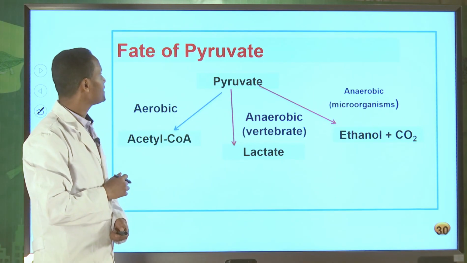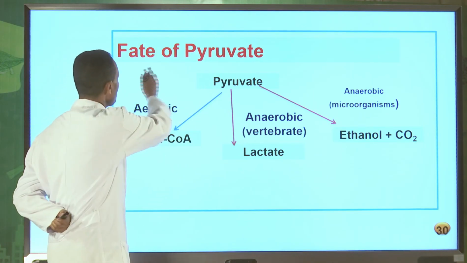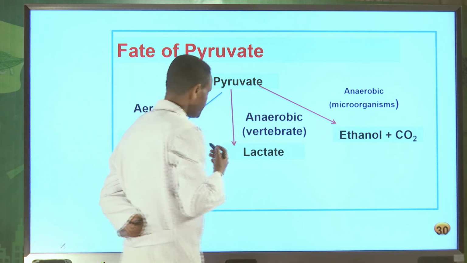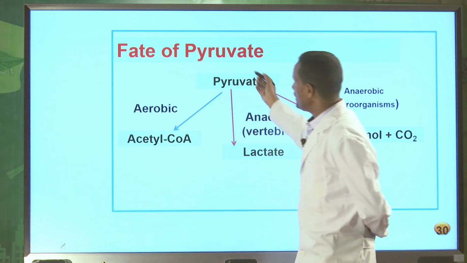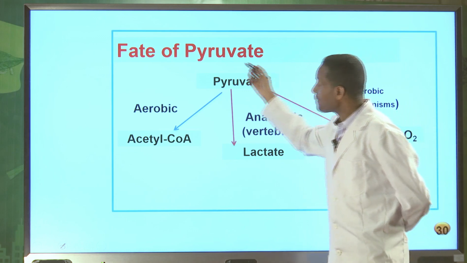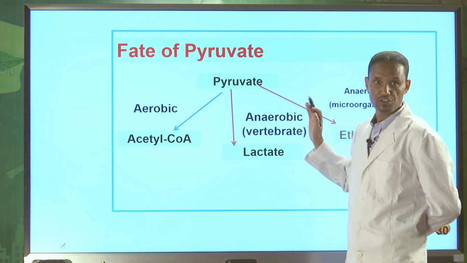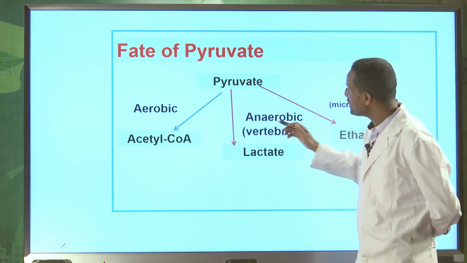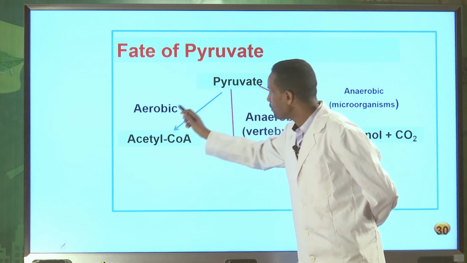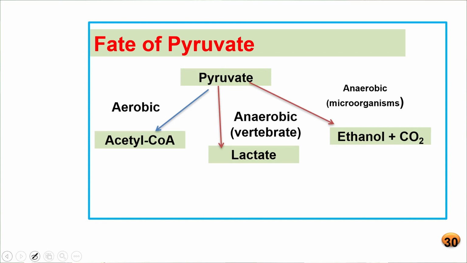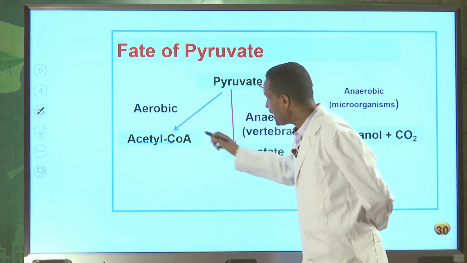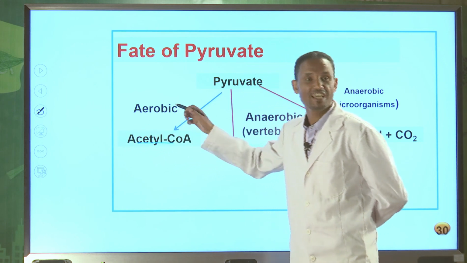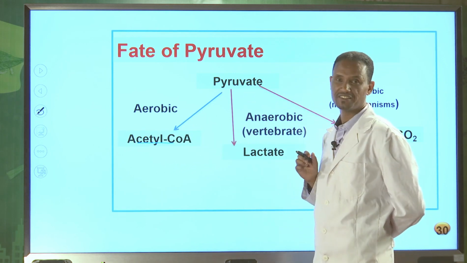Now, let me see the fate of pyruvate diagrammatically. The fate of pyruvate is determined by the availability of oxygen. If there is plenty of oxygen, in the cells of aerobic organisms, pyruvate can be converted into acetyl-CoA. This acetyl-CoA can enter the second stage of cellular respiration.